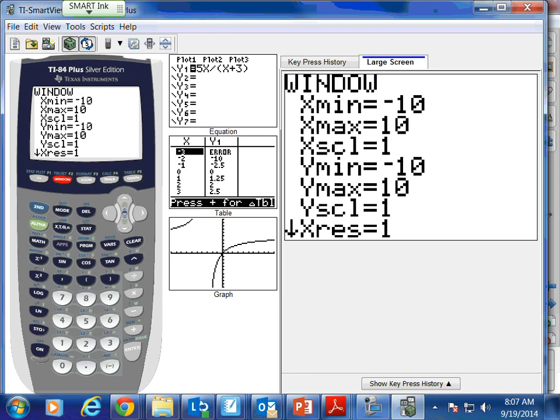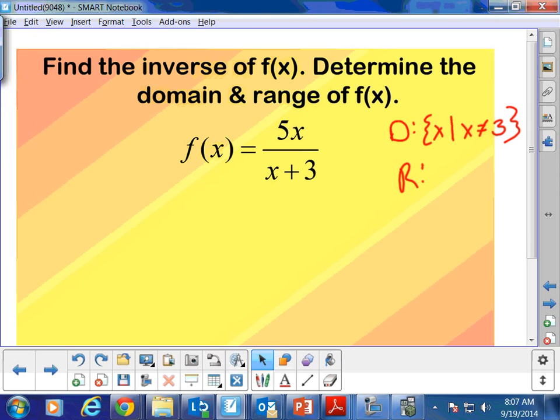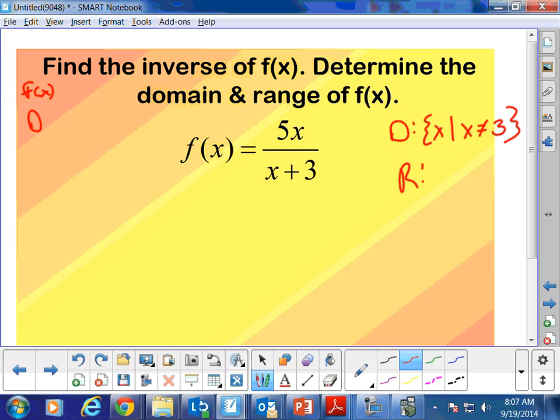Because remember how we stated in our function, let's write this again. Please memorize this right here because this will help you greatly. The domain in my original function is really my range, and this holds true either way.